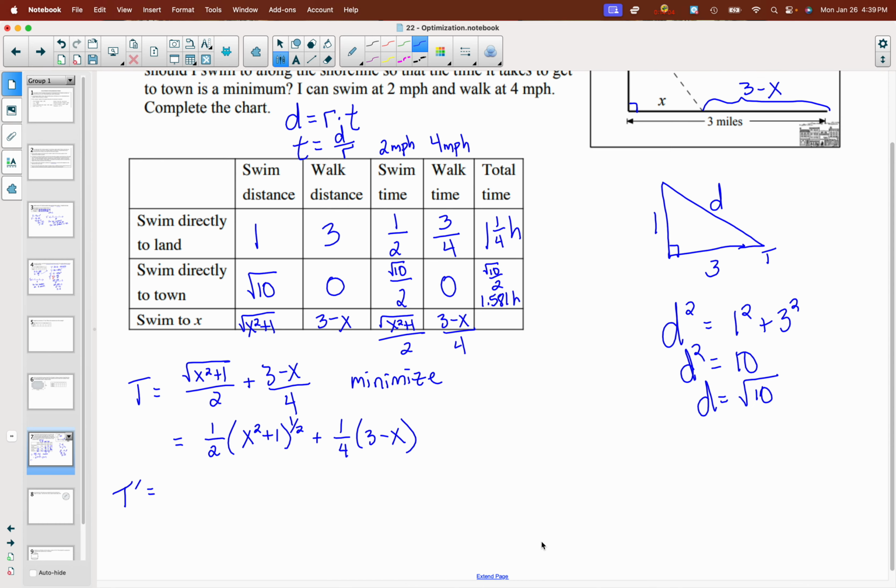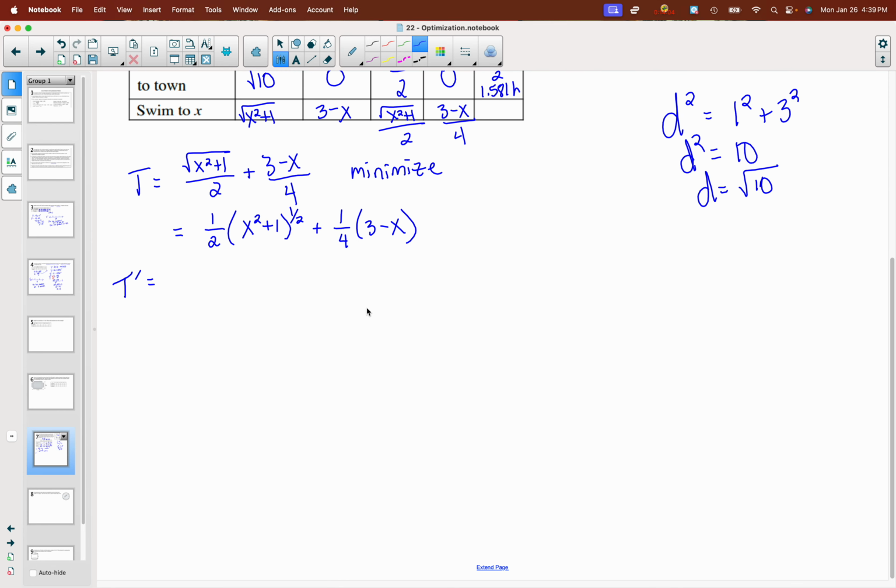Now I want to find the derivative. So with the power rule, I'm going to get 1/4 times (x squared plus 1) to the minus 1/2. And then I need to use the chain rule, so I'm going to have times 2x. So that's for that part. And then here, I'm going to have a 1/4, and the derivative of this is a -1.